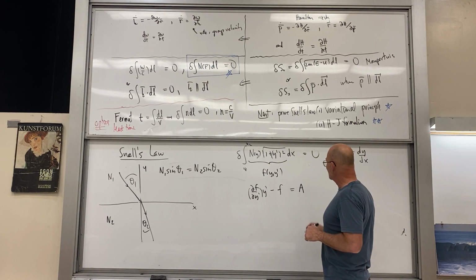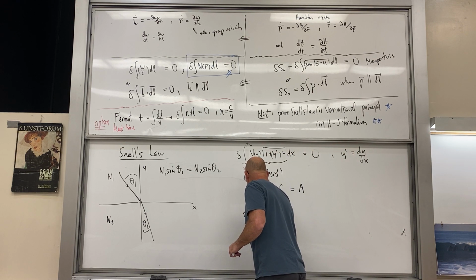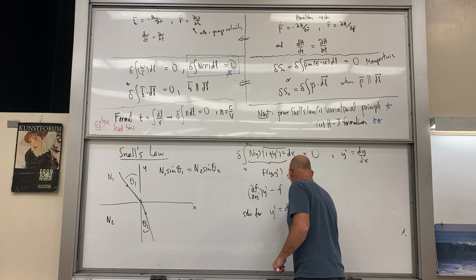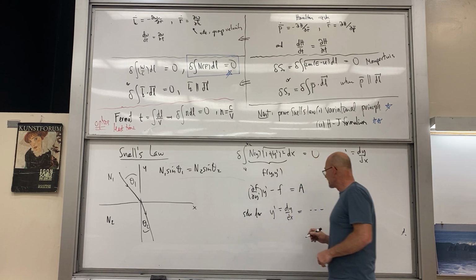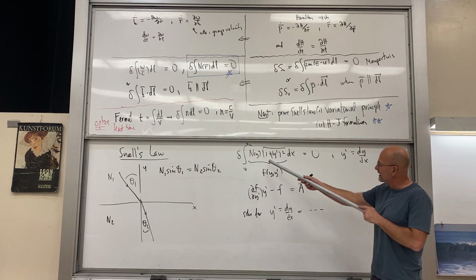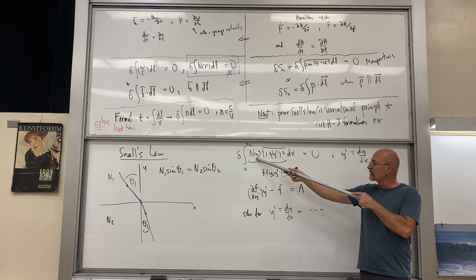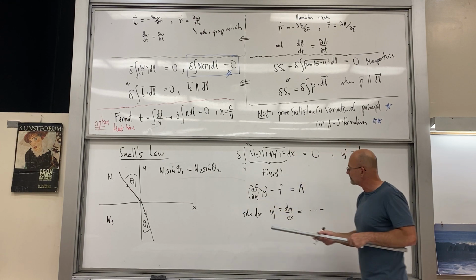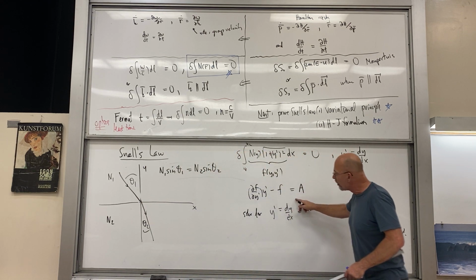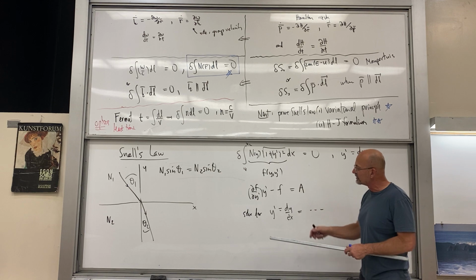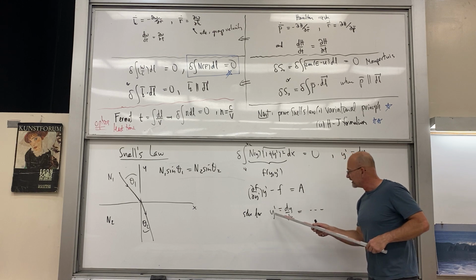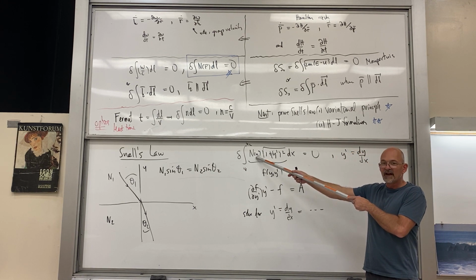What we end up doing is solving for y prime, which is dy/dx, which is whatever it is. Then because you're going to have either one value of n or another, n sub 1 or n sub 2, this expression, which is the slope of that line, is just going to have a different value on one side as opposed to the other, because these expressions contain different values of n.